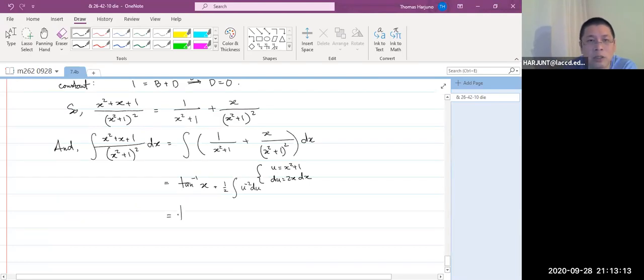Which is tangent inverse x minus 1/2 times 1 over u, negative 1 over 2u plus c. And put that back in: 1 over 2 times x squared plus 1, plus constant.